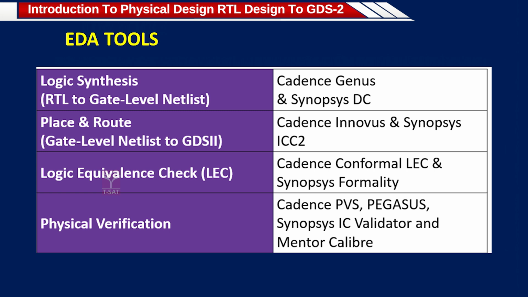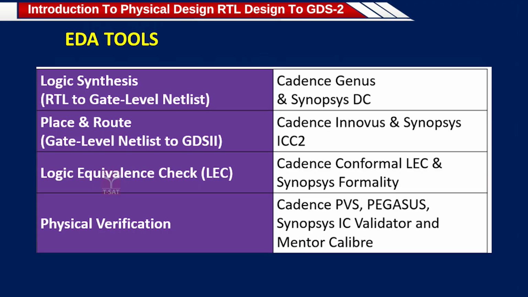These are the two famous tools for logic synthesis available in the industry. Next one is place and route, gate level netlist to GDS: Cadence Innovus and Synopsys ICC2. And for logic equivalence check, LEC: Cadence Conformal or Synopsys Formality. These are the tools for the LEC.